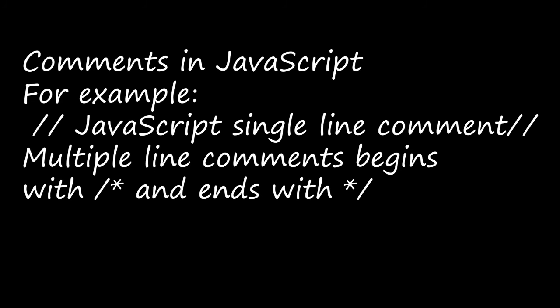When you are writing code, if you want to mention what a line is used for, so that when you see that program after one or two or three or five years you can identify the purpose of the line or of the program, you will have to write a comment about it. That will be easy for you, or if someone else is programming along with you, and you have done half and another person comes and does the rest of the program, you can give some comments there, right?